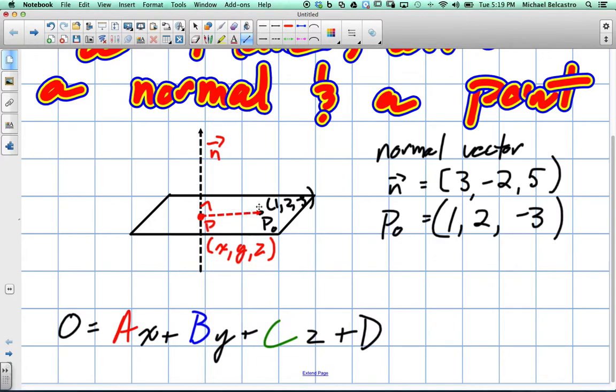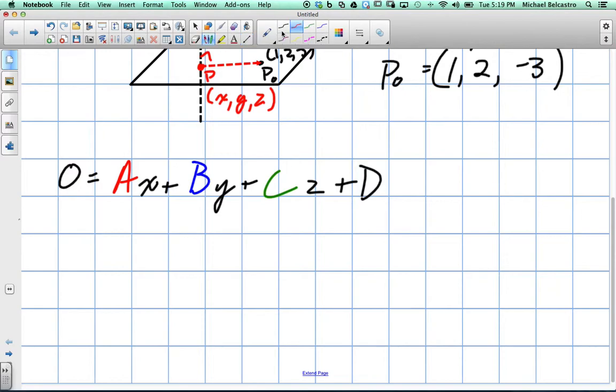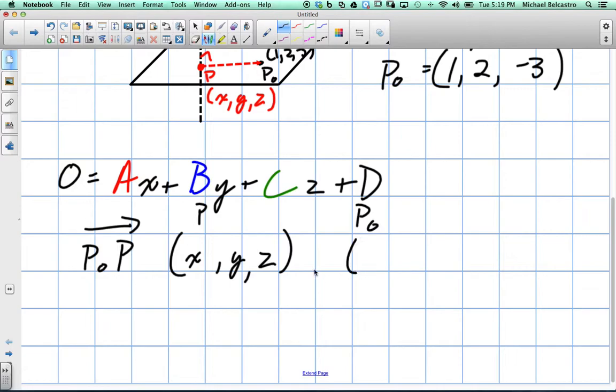I need to get an actual direction vector for this line here. So I'm going to subtract these two points, okay? Our direction vector, let's say P0P, from one point to the other, we're going to take our coordinates. We have our coordinates of P, X, Y, and Z, and our P0, and we're going to subtract them.